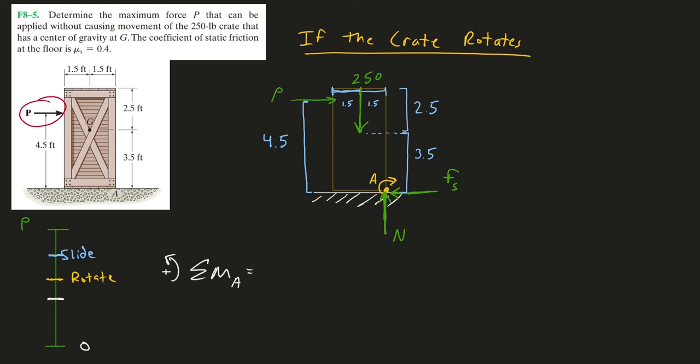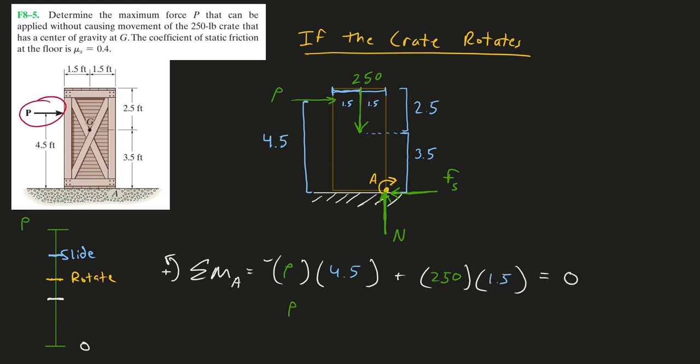Well, I got the P force whose moment arm is that 4.5. Its moment will be negative. And I got the moment created by the weight applied at that center of gravity, and its moment arm is this 1.5 right there.